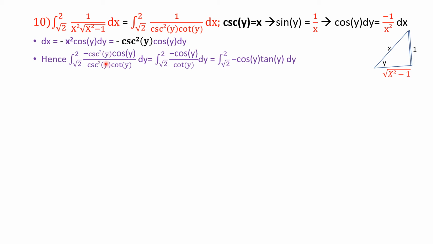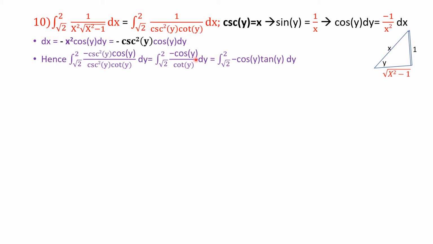The good news is that cosec squared of y is in the numerator and denominator, so we can cancel them. If we cancel them, we're left with the integration of negative cosine y divided by cot of y. But cot we can take to the numerator, changing it to tan.